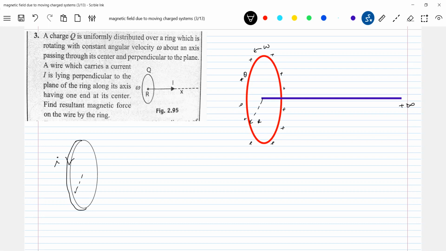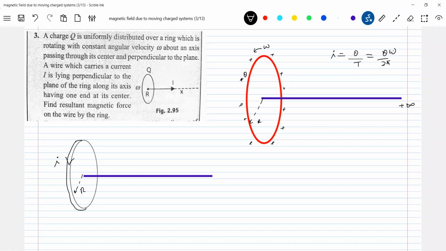The direction of the tangential velocity. And this is the semi-infinite wire. How to calculate the current I? Again, I is equal to Q by time period, so Q omega by 2 pi. This is the expression for current.